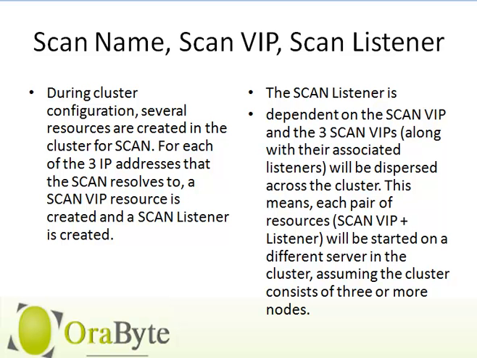Scan VIP is a resource. So you have 3 resources. If you do an OCR dump, you will see 3 scan resources listed there with their own IP addresses. Now these scan resources will be used by the scan listener.